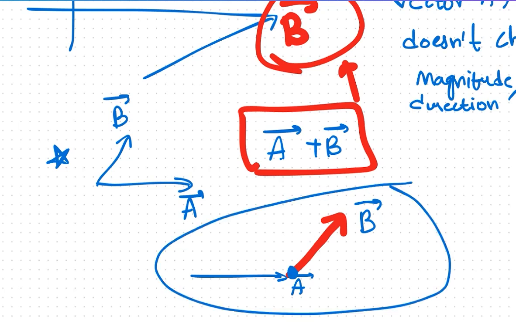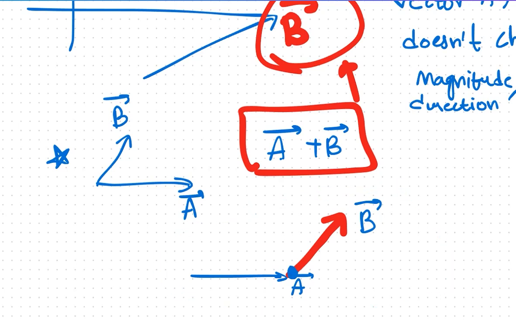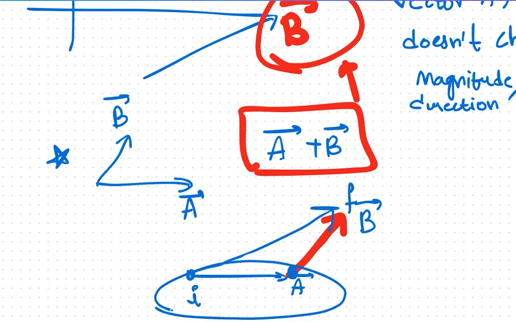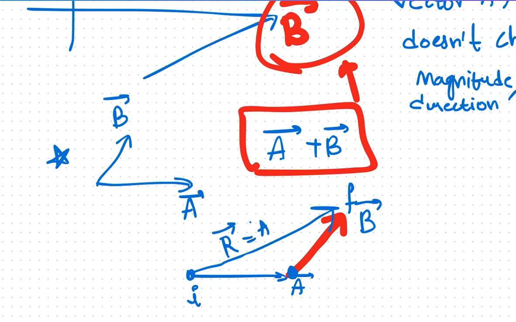Where will be the resultant vector? So two things: initial point, final point. When you are arranging in this order, join initial and final like this. So this is the resultant vector. R is equal to A bar plus B bar.